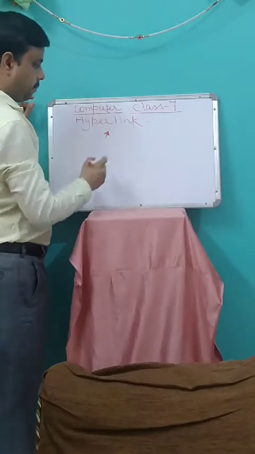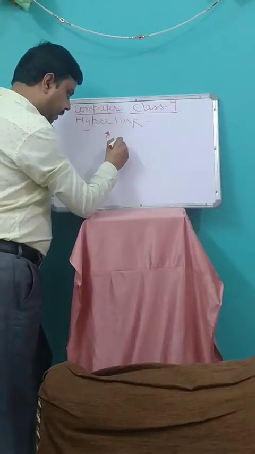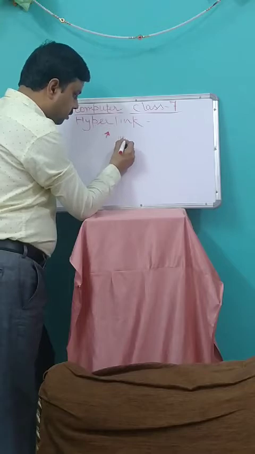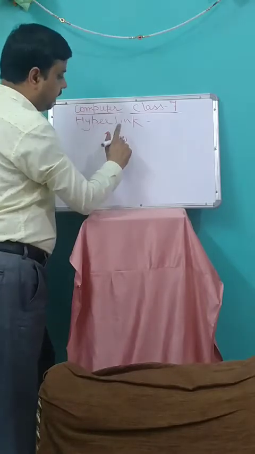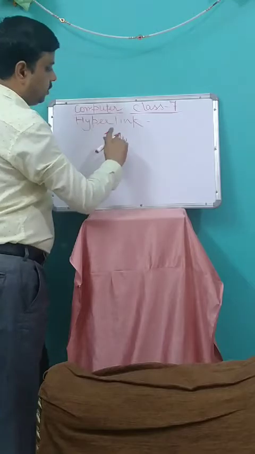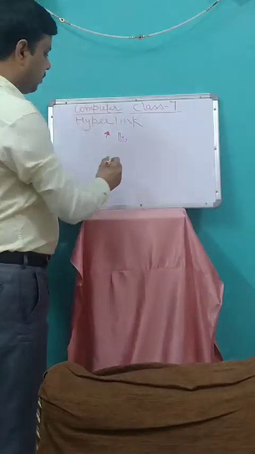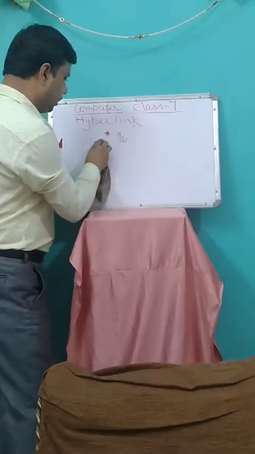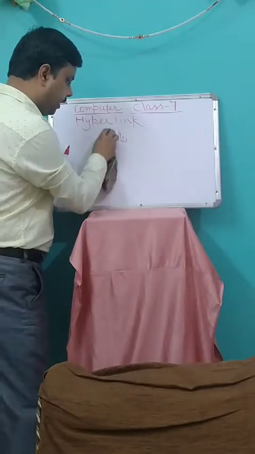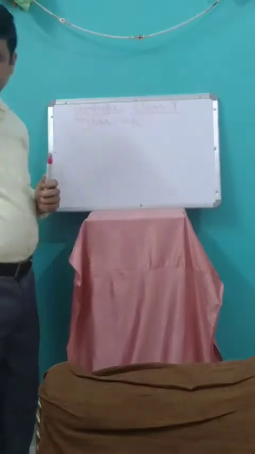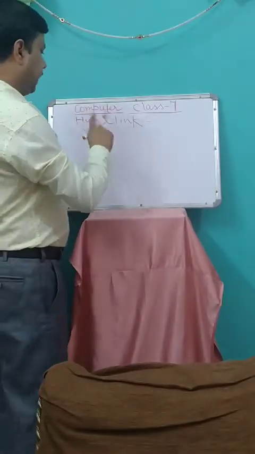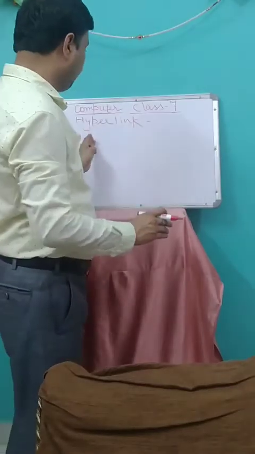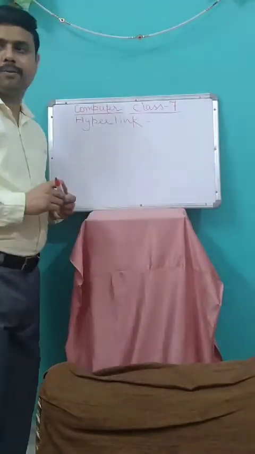This mouse pointer symbol will change into hand symbol. Class, this is hand symbol. Mouse pointer is changed with hand symbol. And then we can press on that object and then we can move from one file to another file.